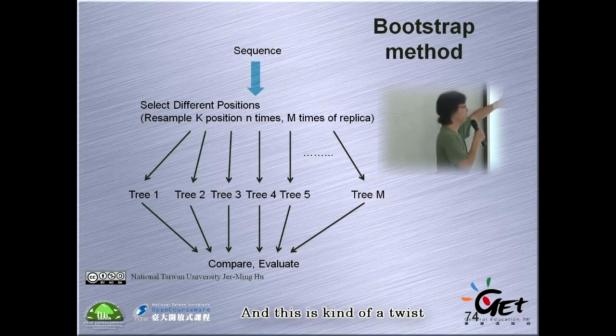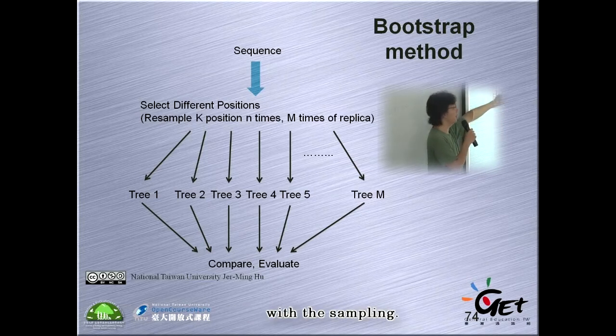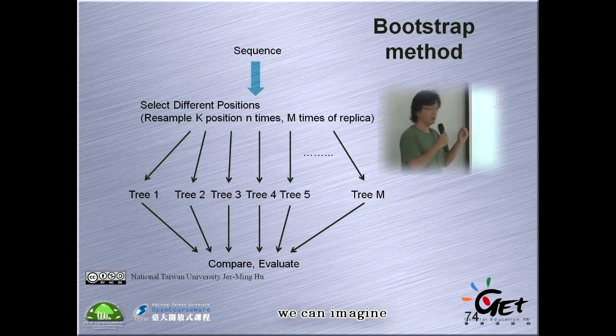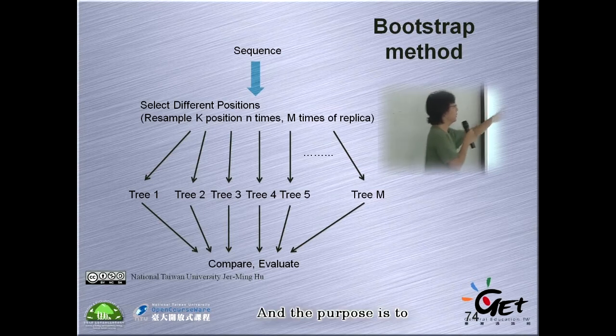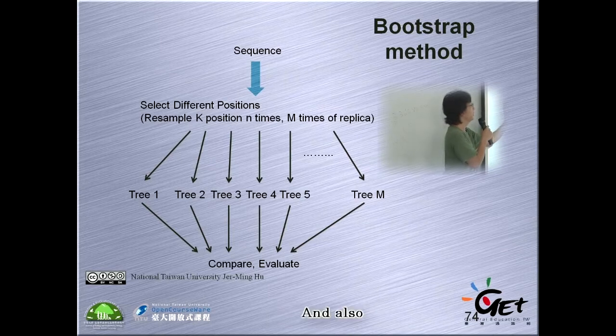And this is kind of a twist of the data set. We are kind of playing around with the sampling. Because of this resampling process, we can imagine that there's some weighting and unweighting for particular characters. And the purpose is to eliminate the potential noise from the data set, and also to put some more weight on the truly informative characters.